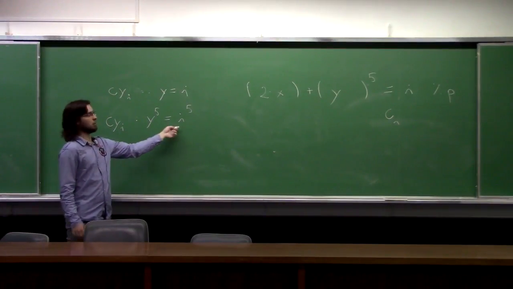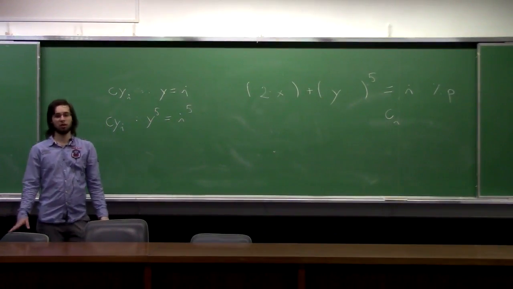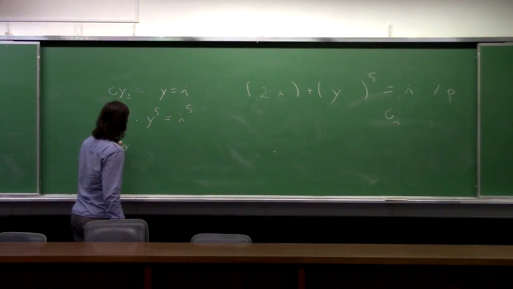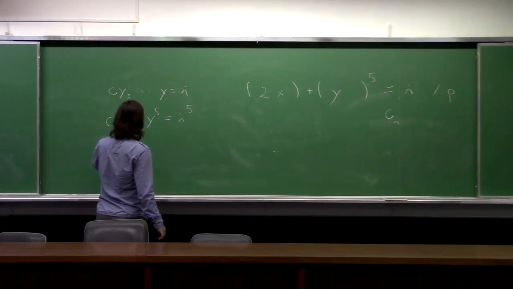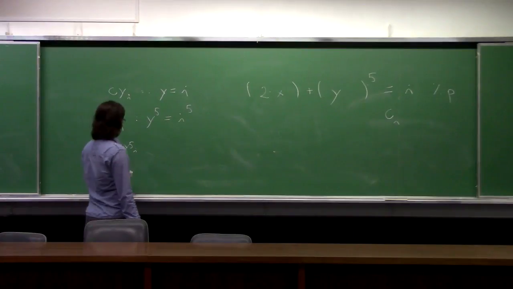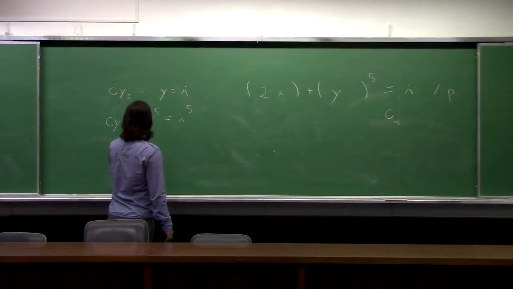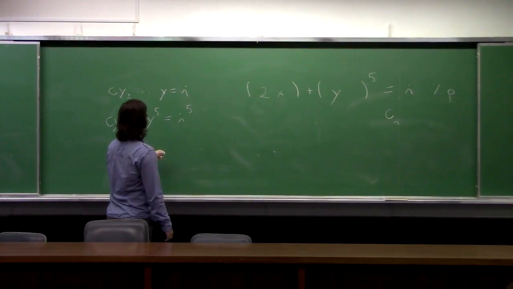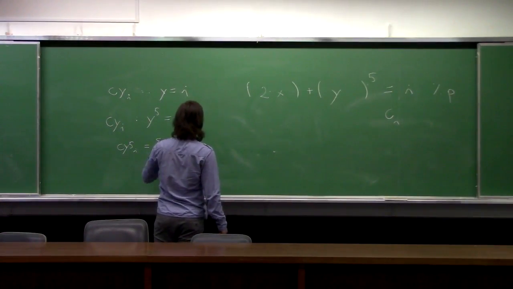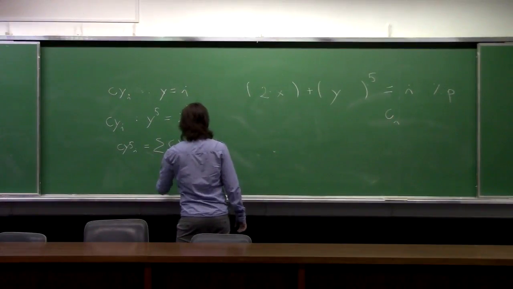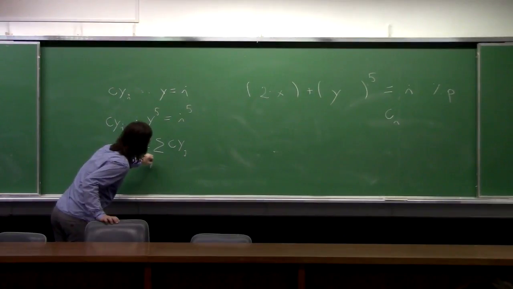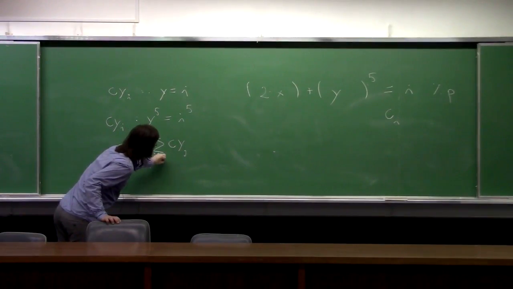Of course, some numbers y to the power of 5 modulo p can coincide, so we can just take CY5I and make it the sum of CYJ such that j to the power of 5 is equal to I.